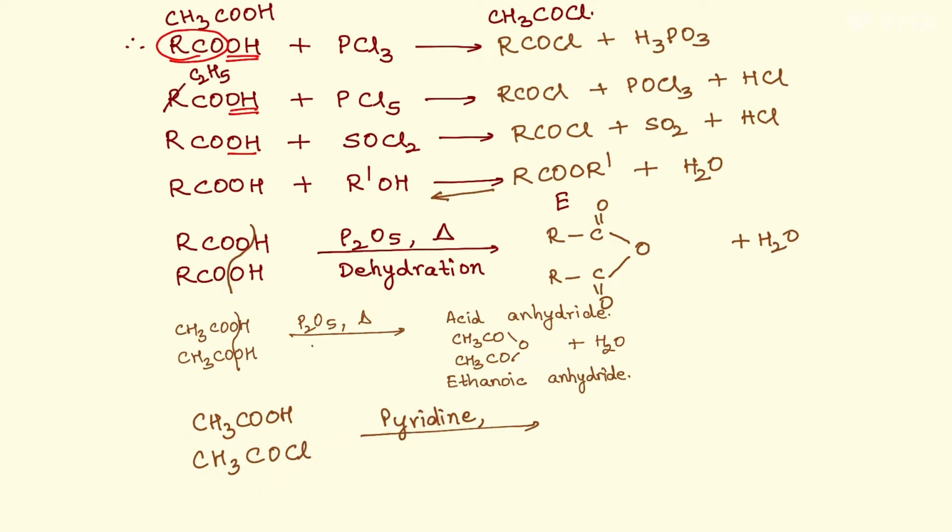That means the base will help me to get rid of the acid over here, and I am left with CH3CO, CH3CO, and O becomes the connecting link. So again, we are getting an acid anhydride as our product, as can be clearly seen over here, and of course HCl. I hope you know how to name this product. We did it just now.